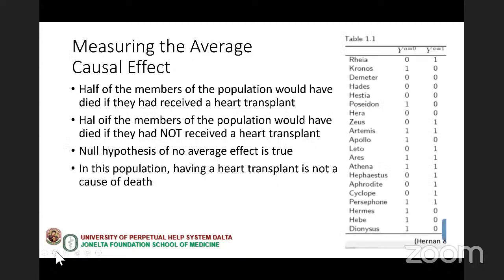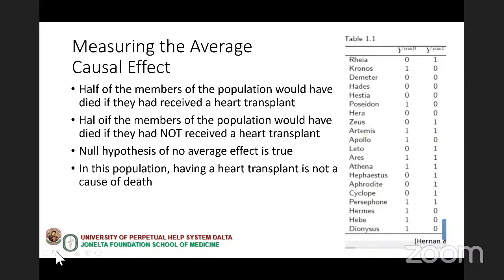So how do we measure average causal effect? For example here, half of the members of the population would have died if they had received a heart transplant. Half would have died if they had not received a heart transplant.